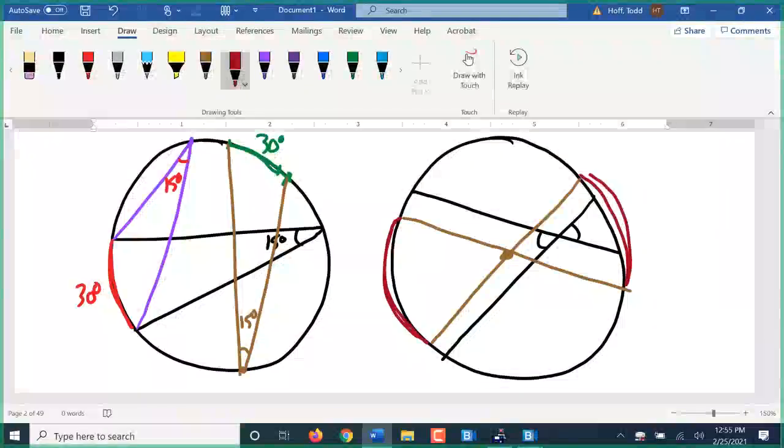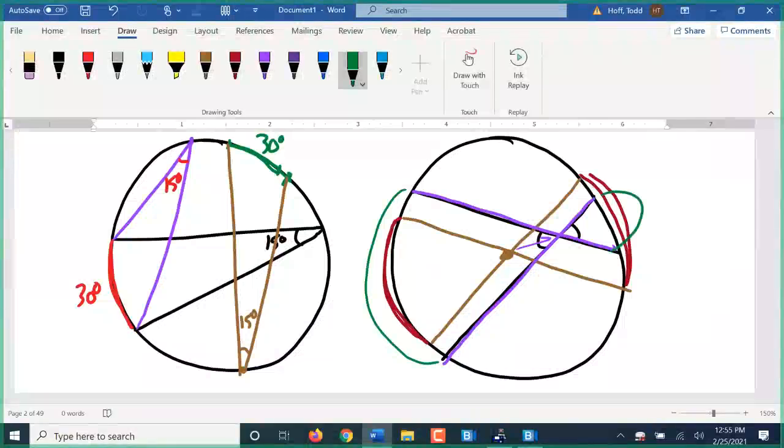But as I slid that point of intersection over, if I slid both lines over like this, you'll see that this arc became larger and this one became smaller. The amount that they change is actually the same. So the angle here that we are looking for is just the average of those two arcs.